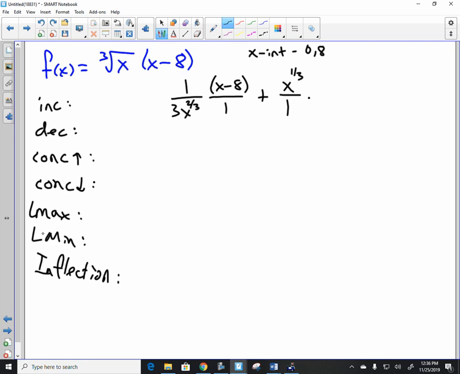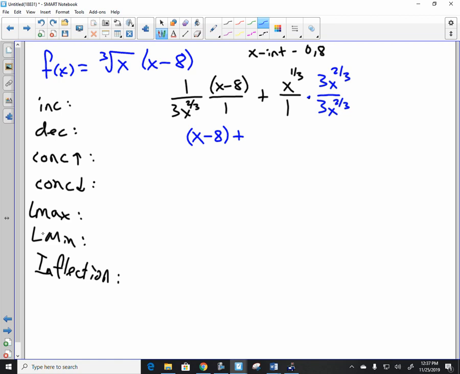That's not bad. Let's take a glance at this. I like to find common denominators. What is going to be the common denominator between these two? So I'll multiply the top here by 3x to the 2/3. And look what I get in the numerator. In the numerator, I have x minus 8 plus what?